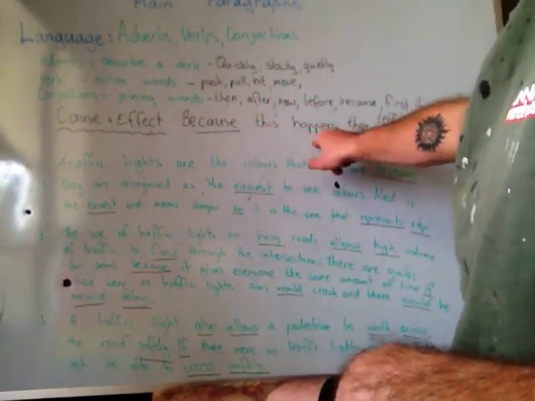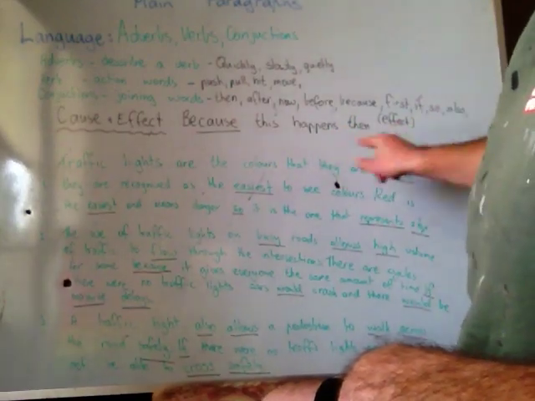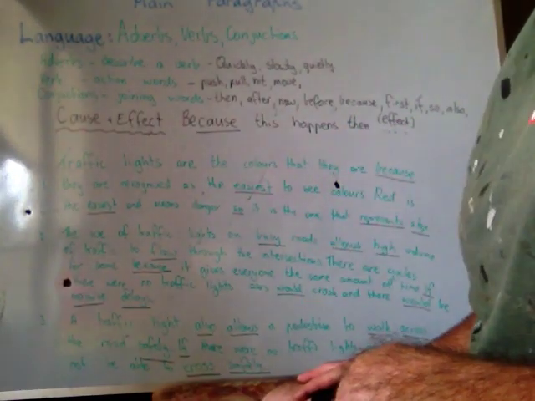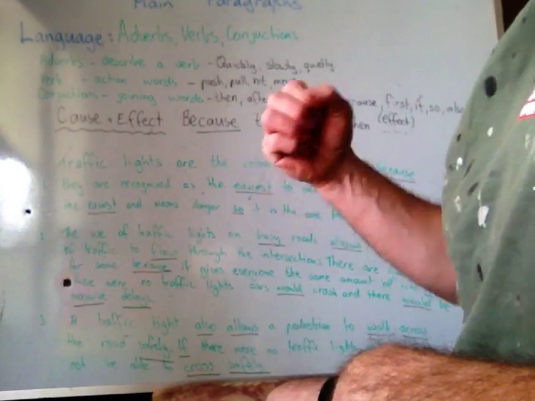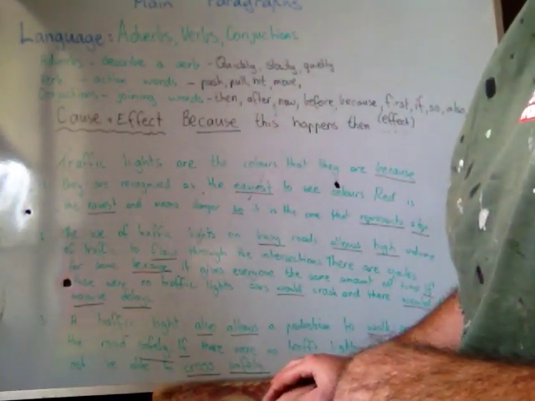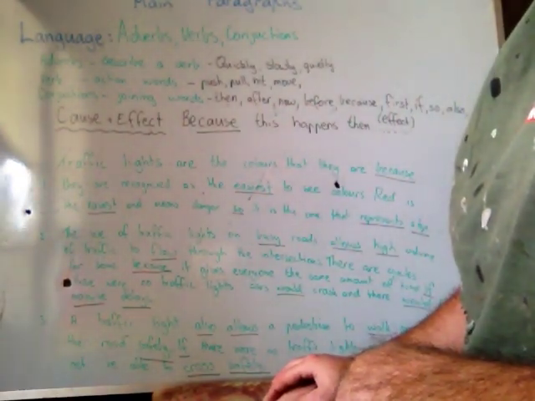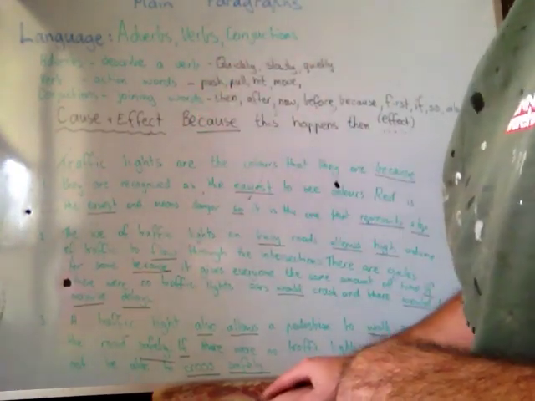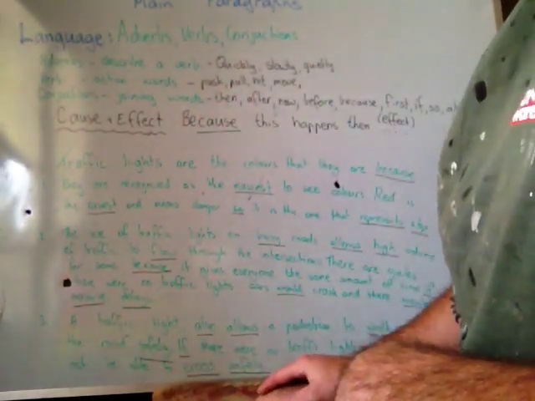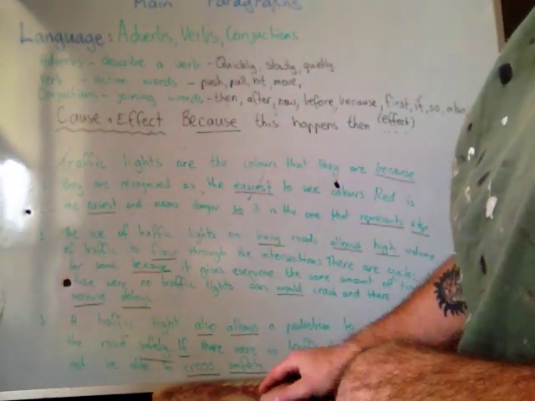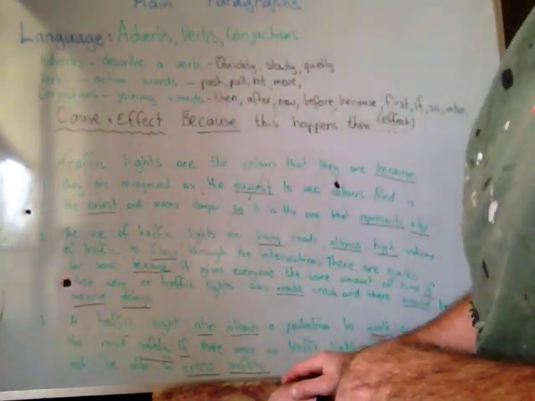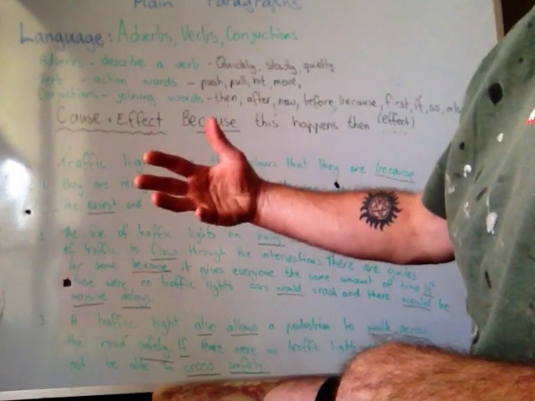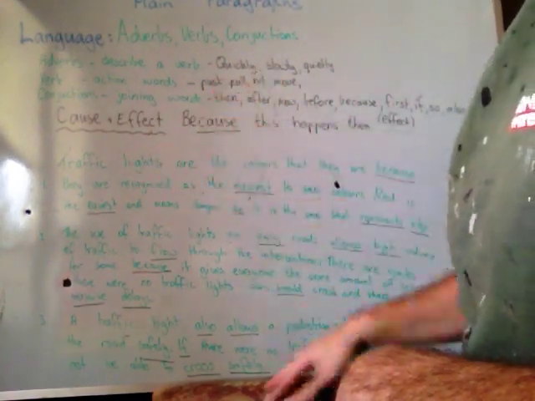So because this happens, then something happens. Generally, in an explanation report, there are cause and effects. Sometimes there might not be, but if you show me an explanation report that has no cause and effect, I'll give you some money. Because that is why they're called explanation reports. Because something happened, you're explaining how it happened.